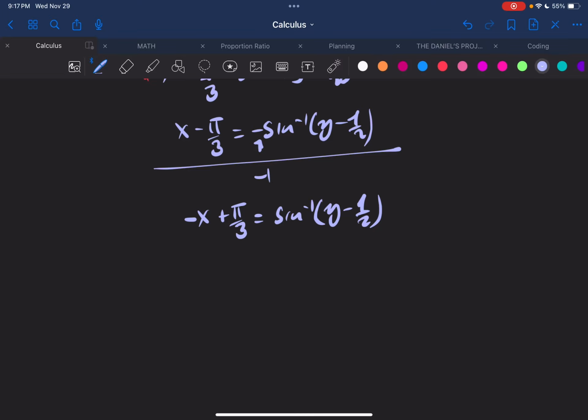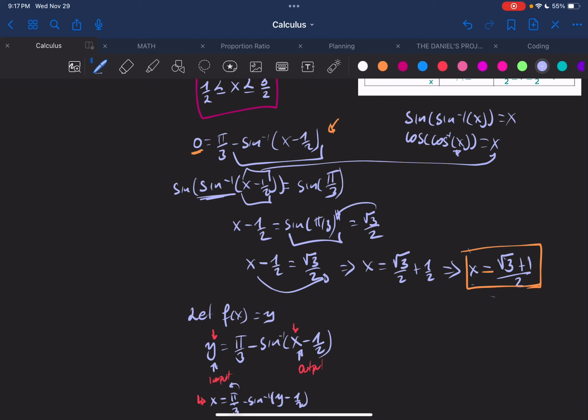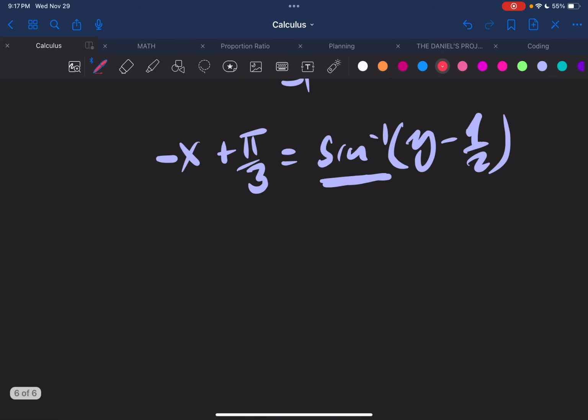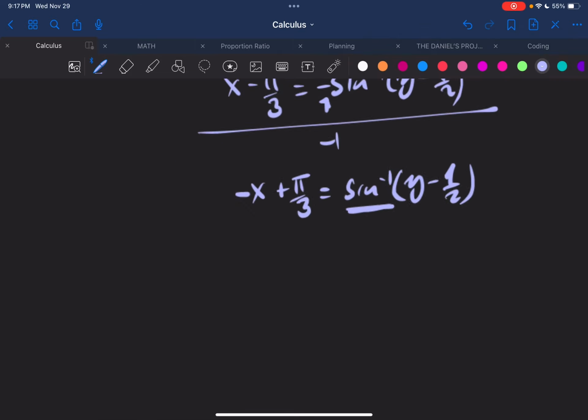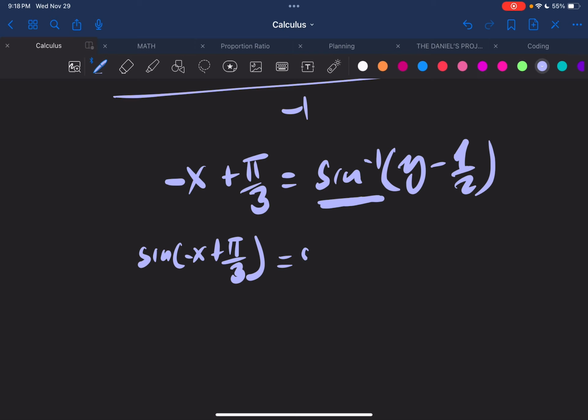Once again, I want to get rid of the sine inverse. And just as we did in the previous example, we know that sine of sine inverse of x would give me x. So I can do it here, whereby I take the sine on both sides. So I have sine of negative x plus pi over 3, my apologies, is equal to sine of sine inverse of y minus 1/2.